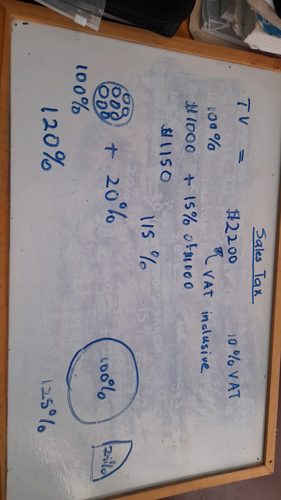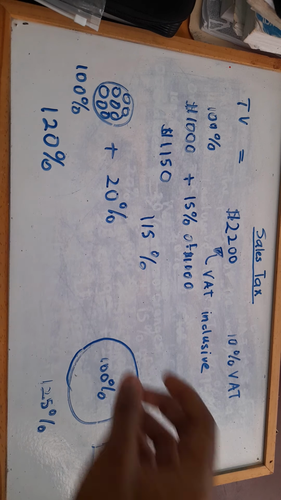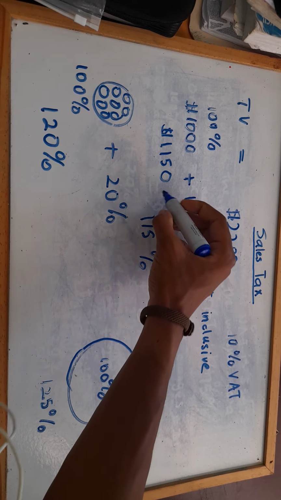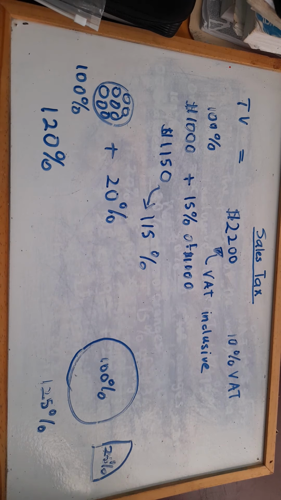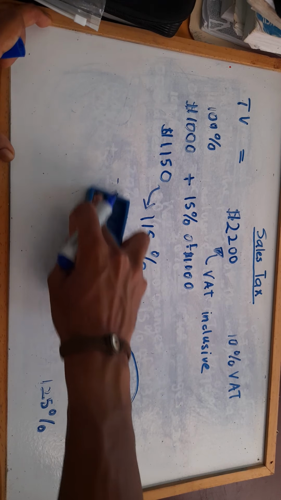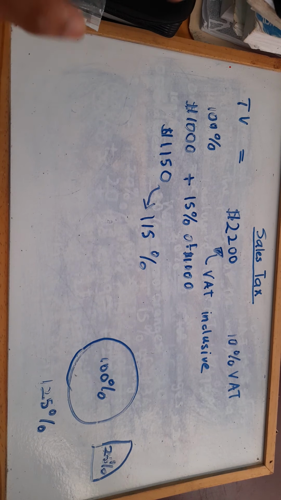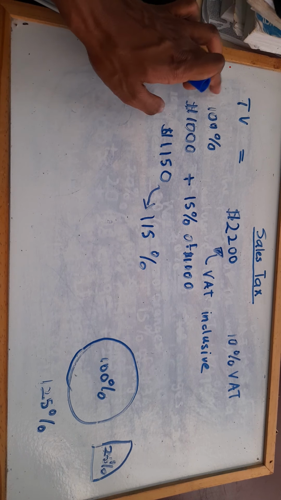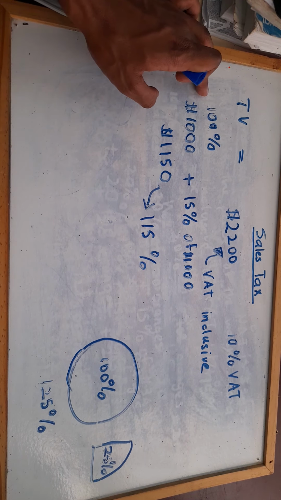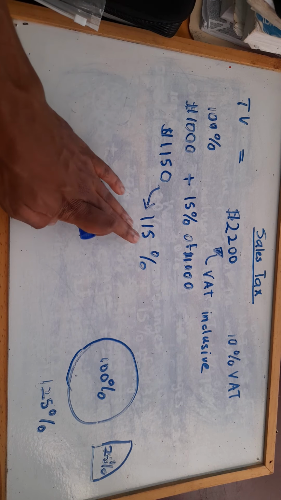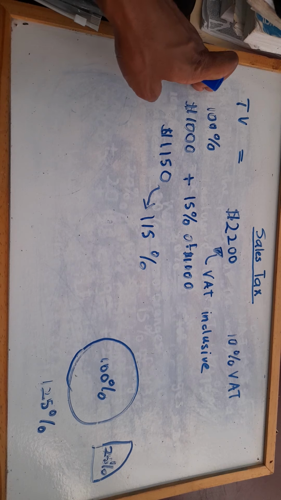Now, a VAT inclusive price is this, the 1,150. Now, this 1,150 is our VAT inclusive price, right? The VAT inclusive price is not what we had originally. What we had originally is 100%. When we add in a 15% VAT, we get in excess of 100%.